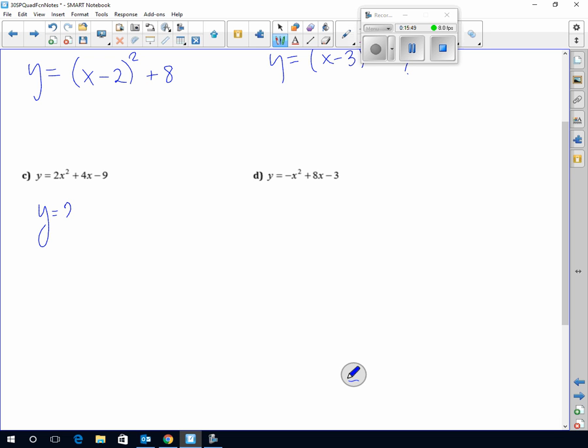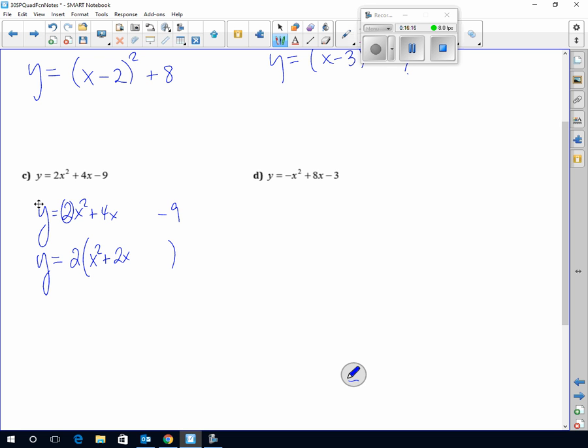So we got to factor it out. So y equals 2 bracket x squared plus, what does that become? 2x. You guys are good so far. Okay, if you want, you can put the end of the bracket with a space, minus 9. Does everybody see what I did? It's exactly the same thing, except I factored out the 2.